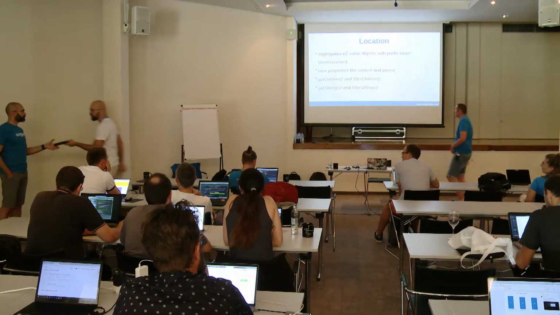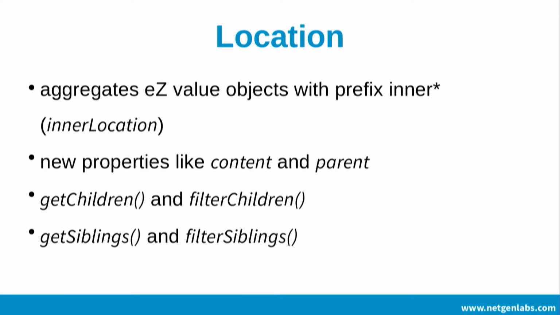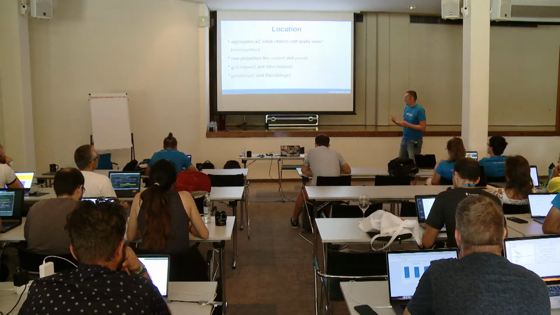Okay, we have a location object. Also the same thing, we are keeping the convention, again having the eZ location inside as the inner location. And there's new cool stuff like content and parent. For example, you have a location object, and from the location, you can get the content which points to this location.